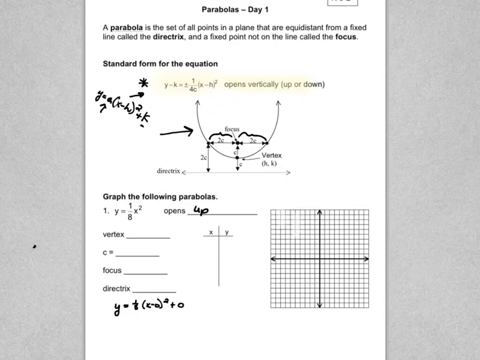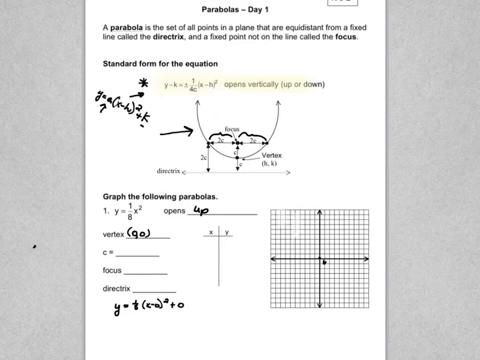So if there's not a k or an h there, then our vertex is at the origin, or at (0, 0). So we can go over and mark our vertex. I want you to put your point here and put a V there. That's the vertex.